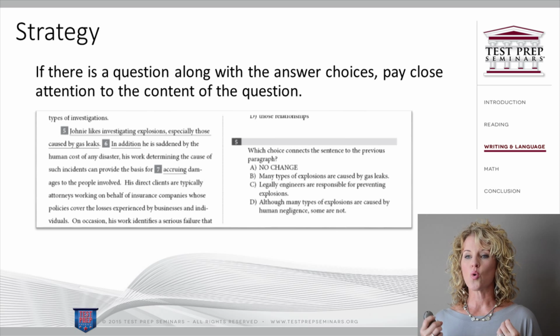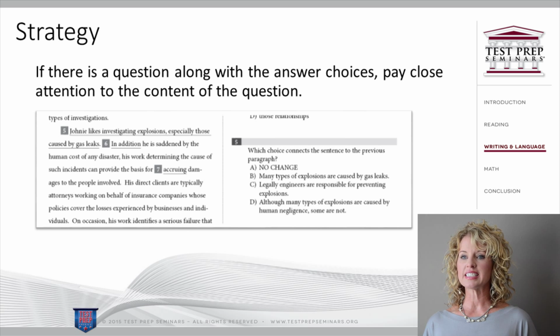When there's a question along with the answer choices, pay close attention to the content of the question. So let's look at this. Which choice connects the sentence to the previous paragraph? So there's a question in the question.